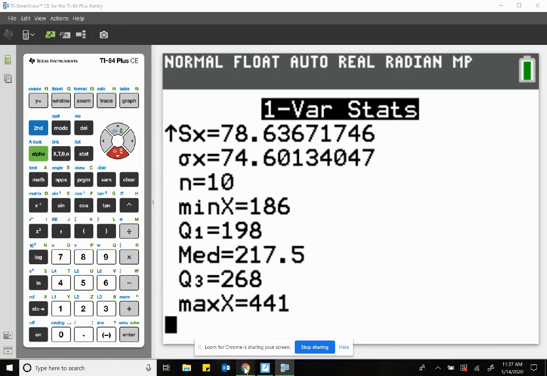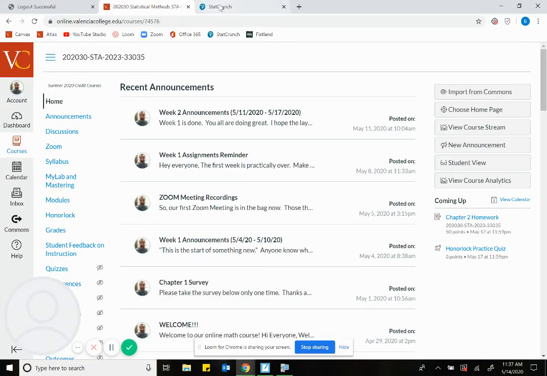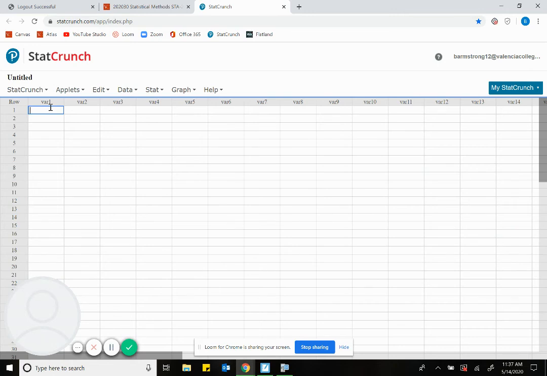In StatCrunch, putting in our numbers that we have: 441, and, yeah, I'm not going to title it.